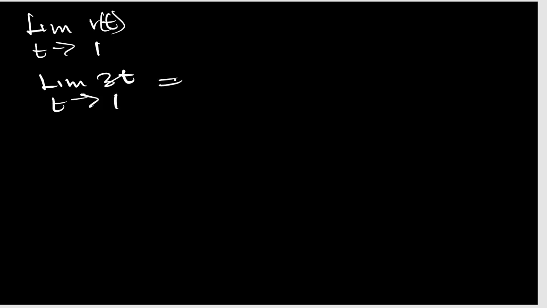The limit of r of t as t approaches 1 will just be the limit of the individual functions as t approaches 1. The first component function is 3t. So the limit of 3t as t approaches 1 will just be 3 times 1, and that will yield 3.